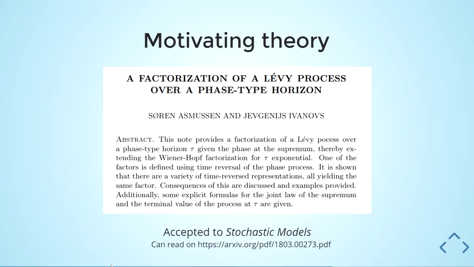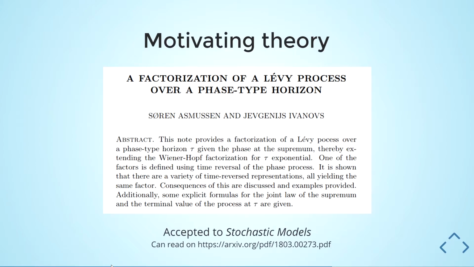I should say who they are. Søren and another extremely talented mathematician, Yevgeny Ivanov. I think perhaps some people know him here. He did his PhD in Lausanne not too long ago, so I imagine you have met him. Anyway, he's now a professor at Aarhus University in Denmark, in the same place as Søren.